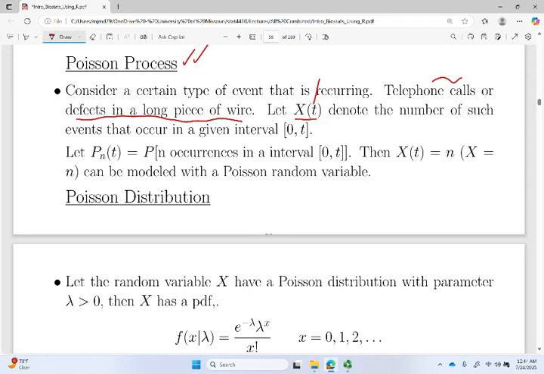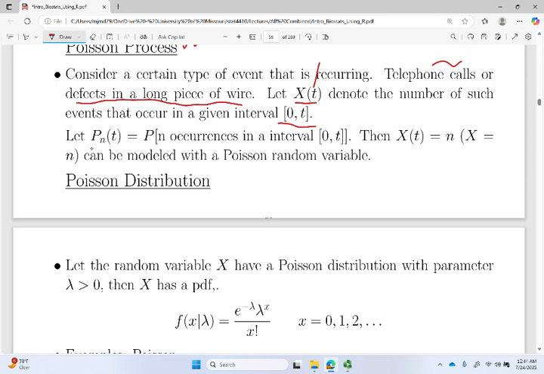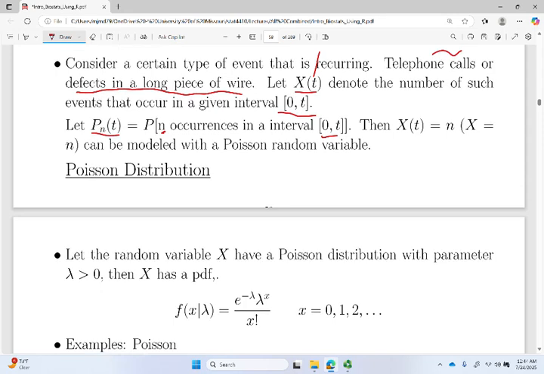If we let x of t be the number of such events that occur in a given interval from 0 to t, and we let P of n of t equal the probability of n occurrences in the interval 0 to t, then this random variable can be modeled as a Poisson.